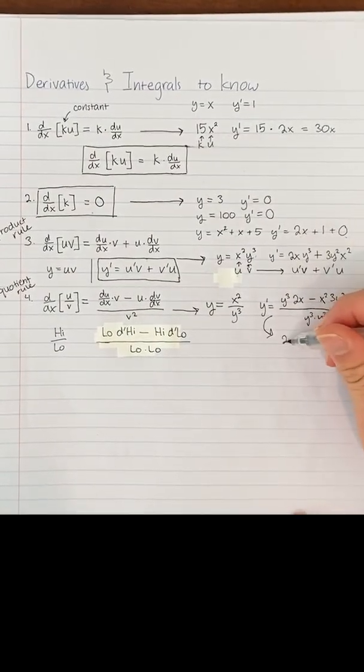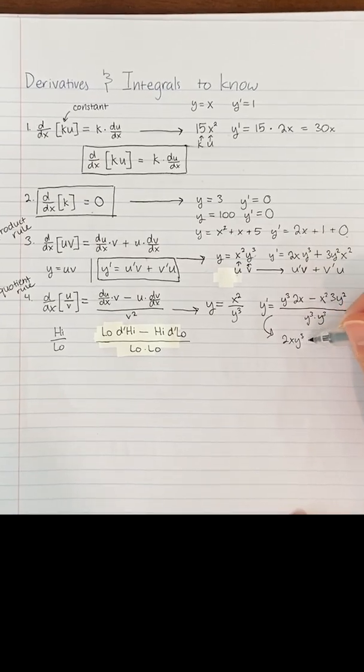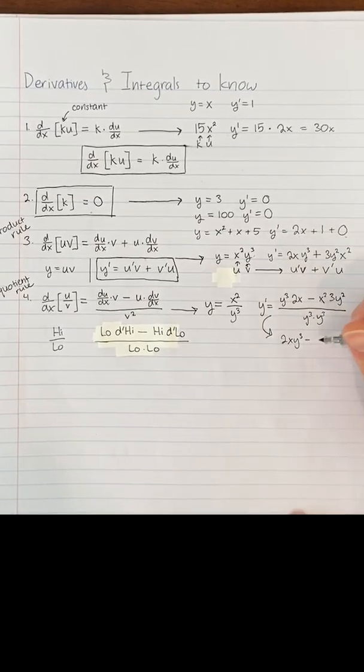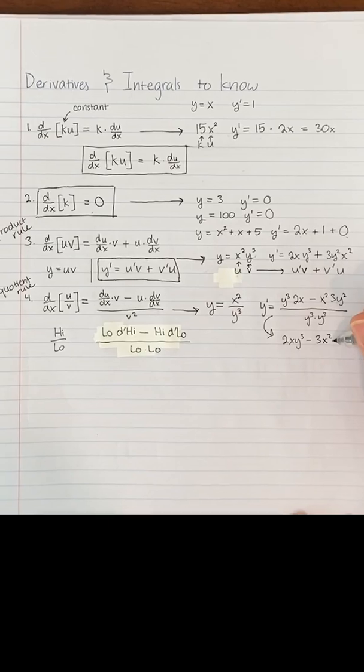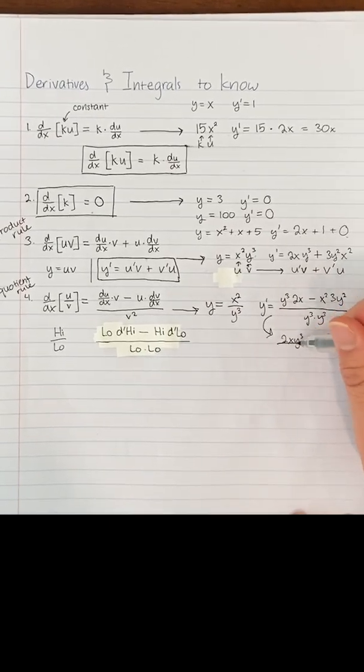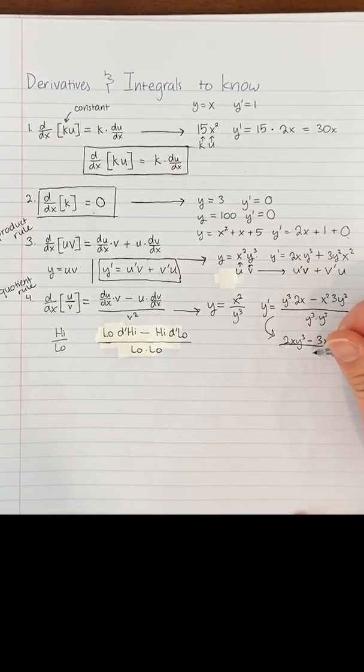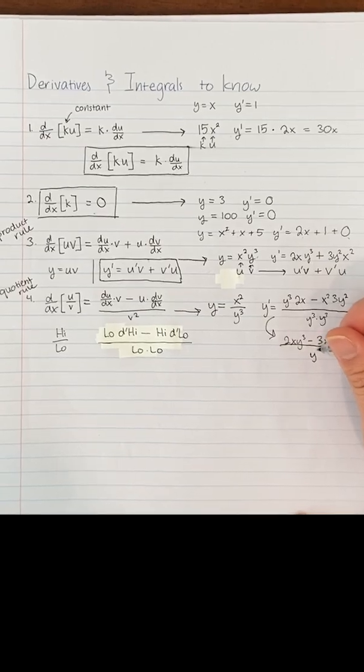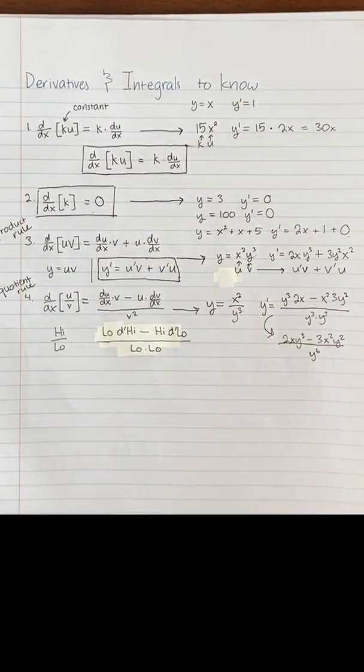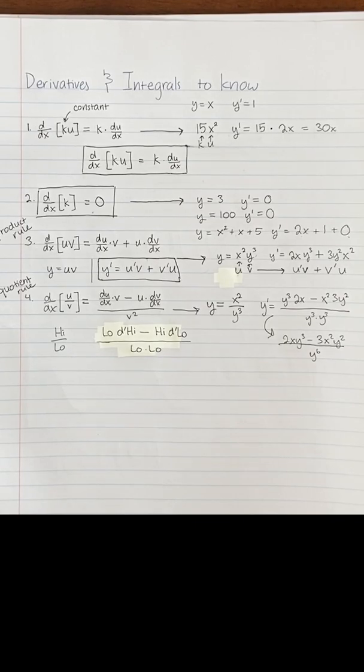So 2xy cubed minus 3x squared y squared over y to the 6th power. And there's your answer. It's pretty simple. You just have to memorize these formulas.